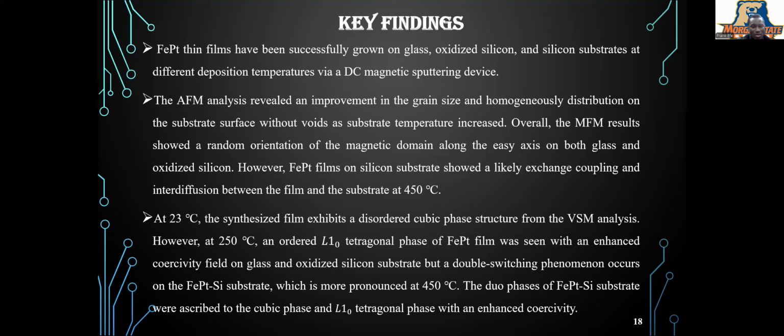The double phase of iron platinum on silicon substrate were ascribed to the cubic phase and the L10 tetragonal phase with an enhanced coercivity.